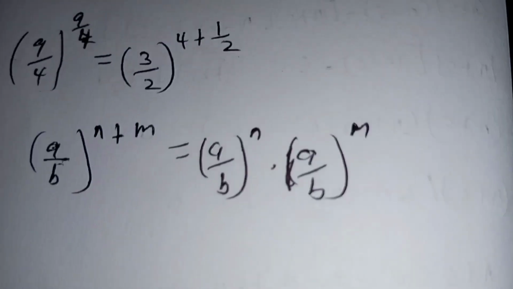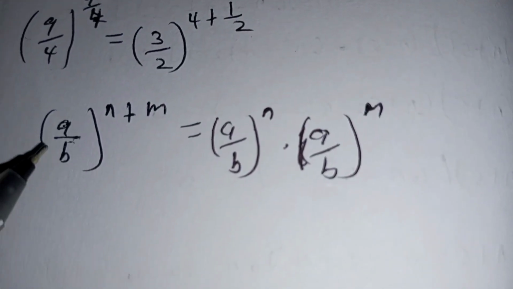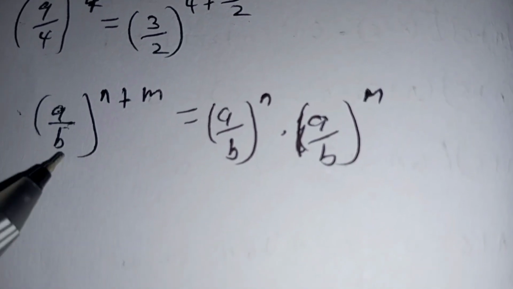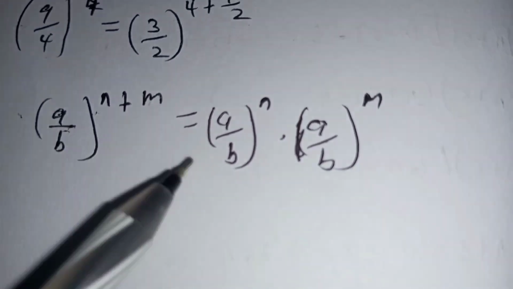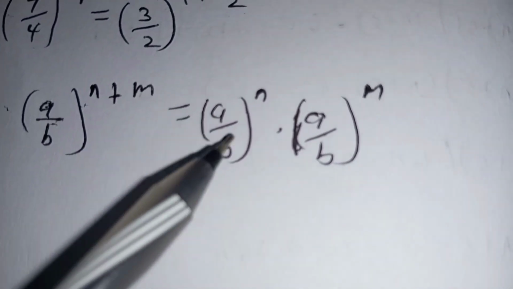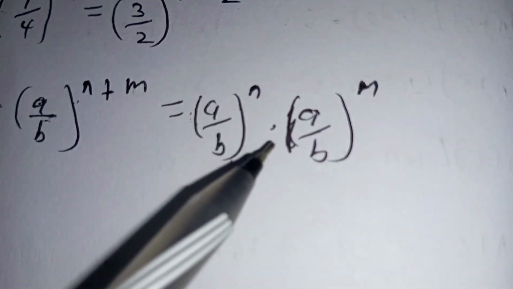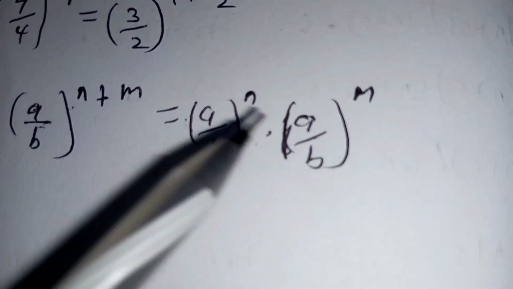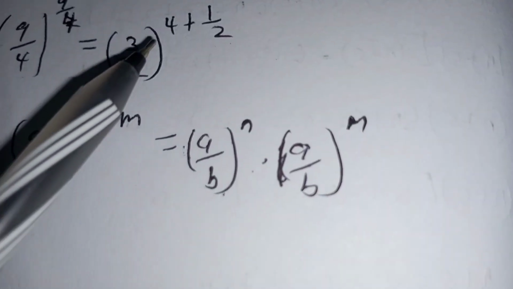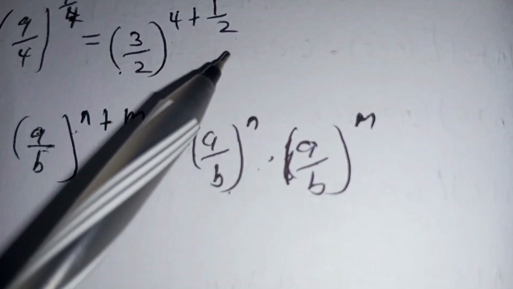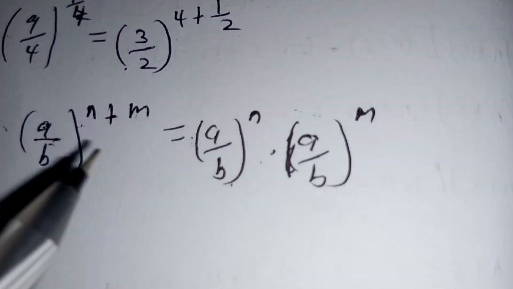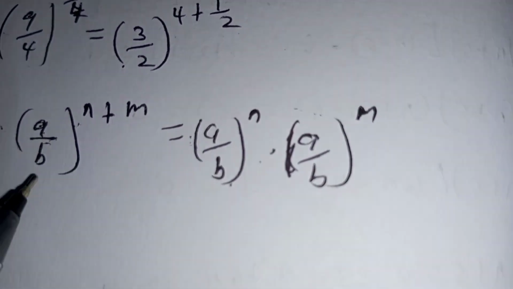We shall make use of the power of indices. If you have (a/b) to the power n plus m, we can separate the index by multiplying (a/b)^n multiplied by (a/b)^m. So in our case here, our n is 4 and our m is half. Our a is 3 and our b is 2.